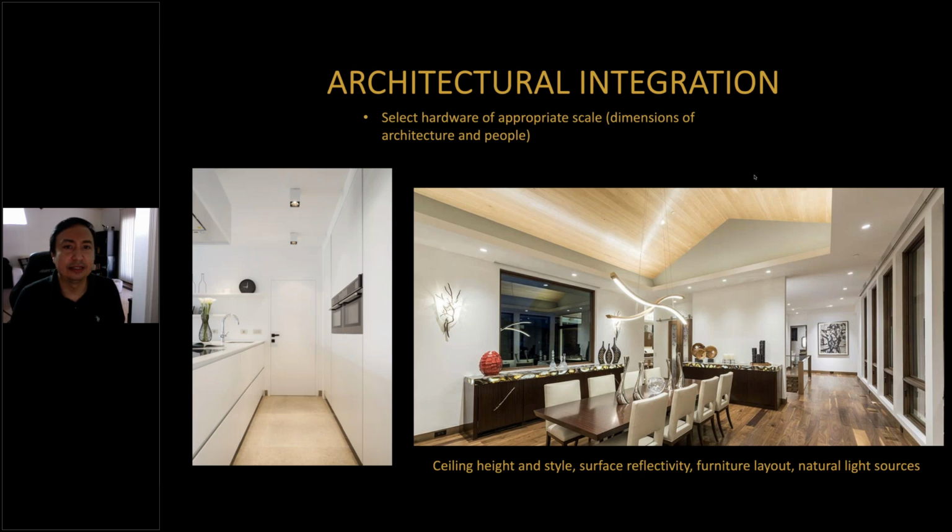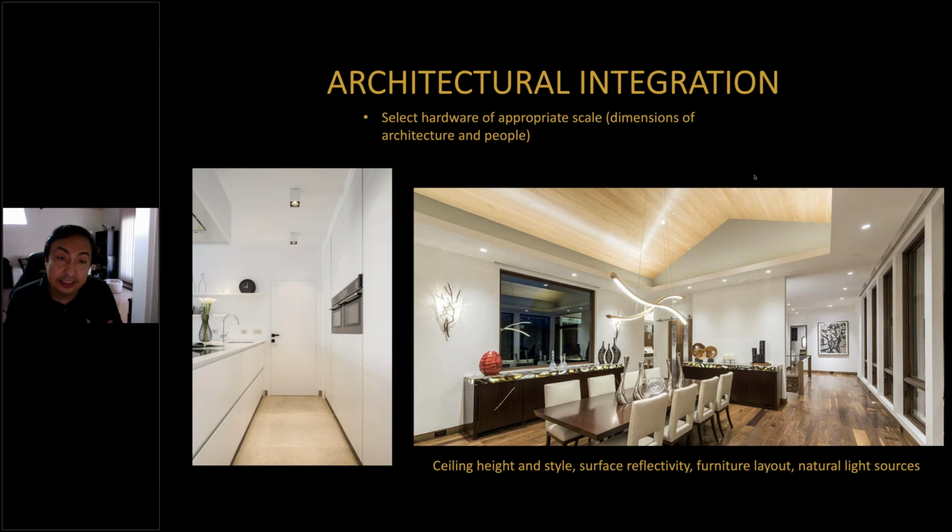So then there's the hardware that is appropriate to scale, right? We're going to be looking at the geometry and the dimensions of the room in terms of how it relates to people that will be occupying those spaces, right? So we're looking at things like the ceiling height. You see there at the bottom of the slide, right? Is it a high ceiling?